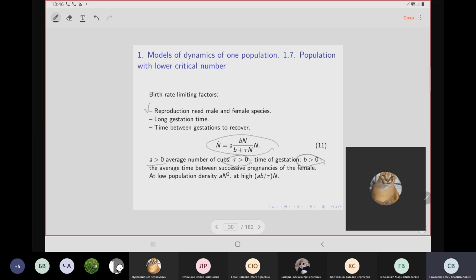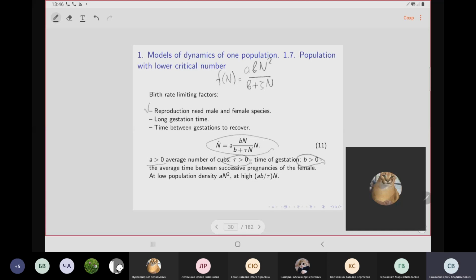What does the right-hand side mean? We can consider a function. Let f of n be a b n squared divided by b plus tau n.